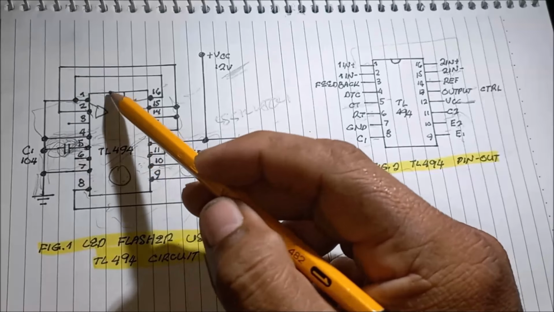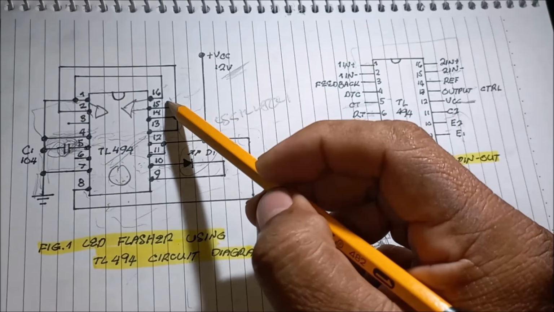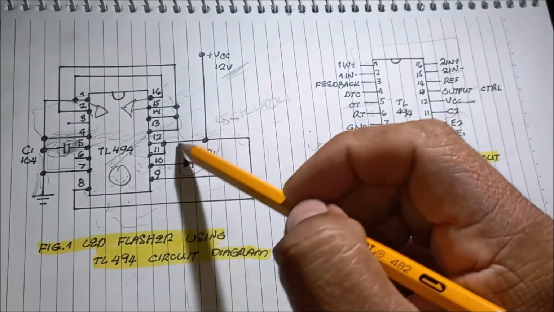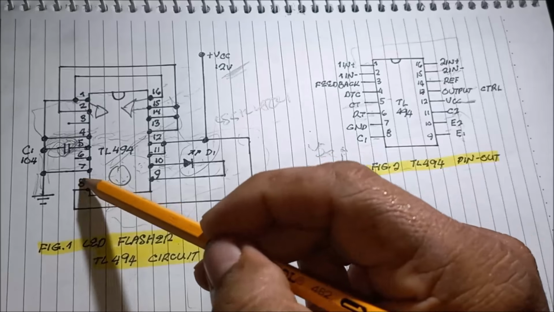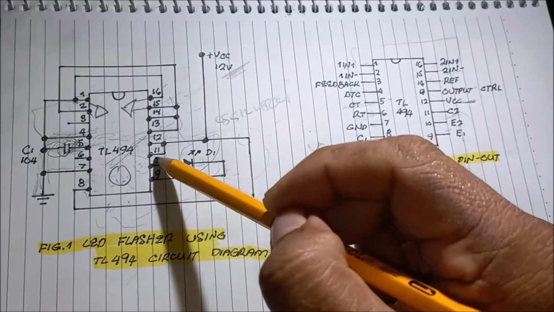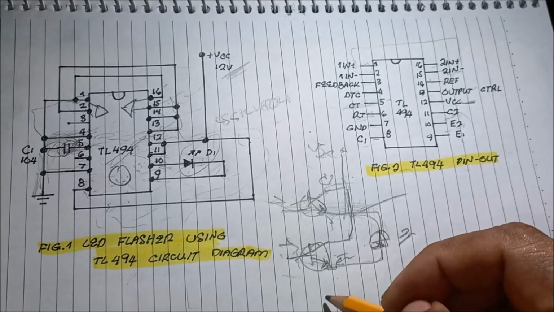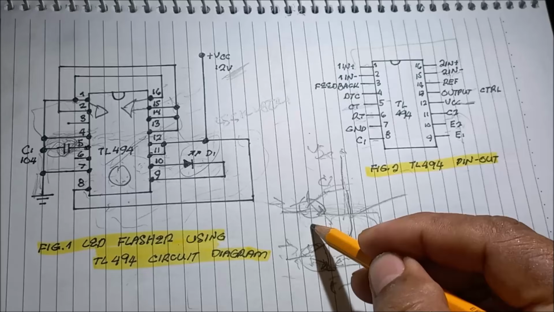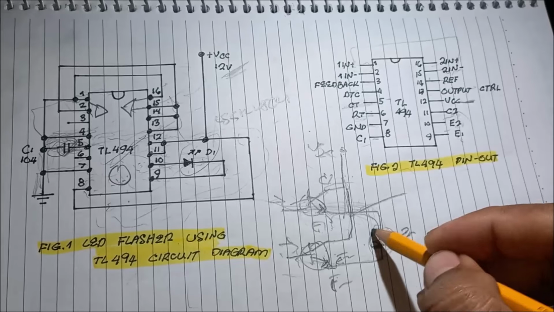Then 1 and 16 are all grounded. 2, 15, 14, 13 are connected. 12, 11 are connected to the supply, and also 8. Then 9 and 10 are the emitters: emitter 2 and emitter 1 of the transistors, with the LED connected in between.